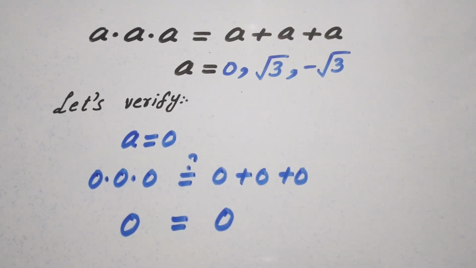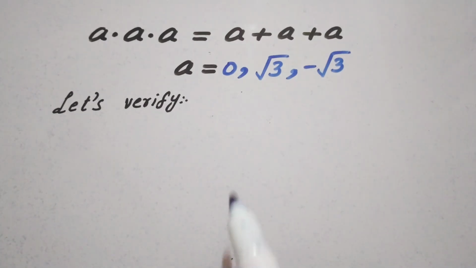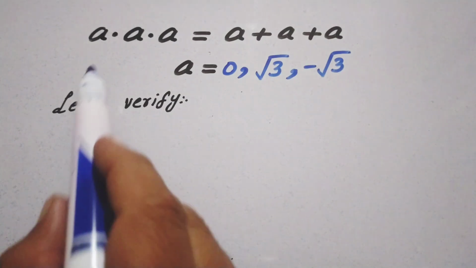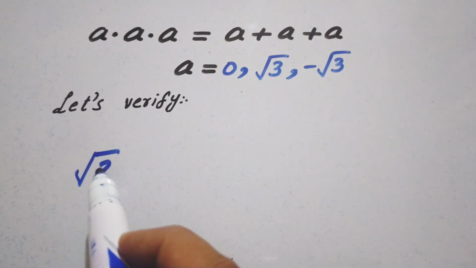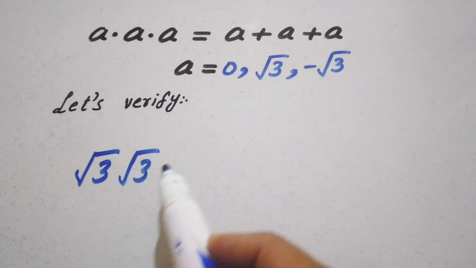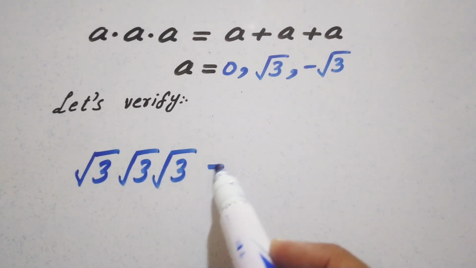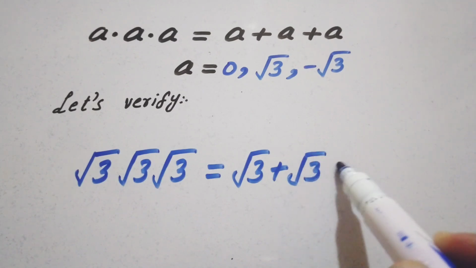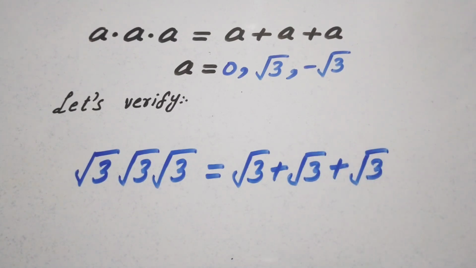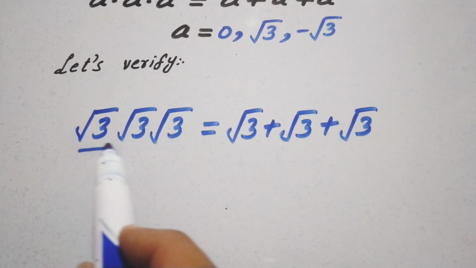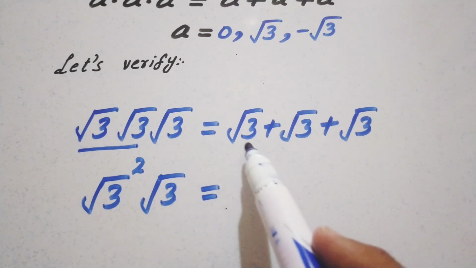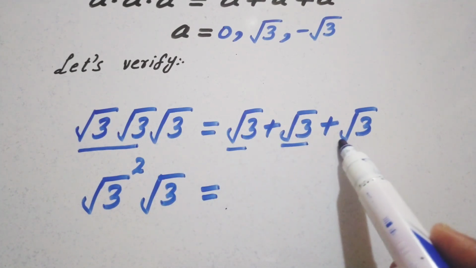Hence this value of a, which is 0, is a valid solution. Now let's verify whether square root 3 is a valid solution or invalid by putting in square root 3 multiplied by square root 3 multiplied by square root 3. This is equal to square root 3 plus square root 3 plus square root 3. In the next step, we will write this as square root 3 whole squared into square root 3, which is equal to square root 3 plus square root 3 plus square root 3.